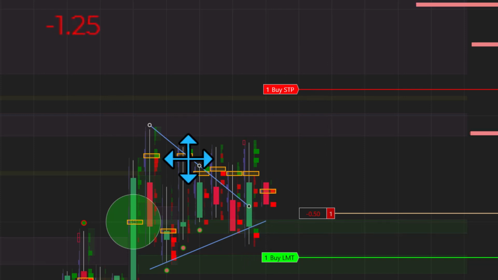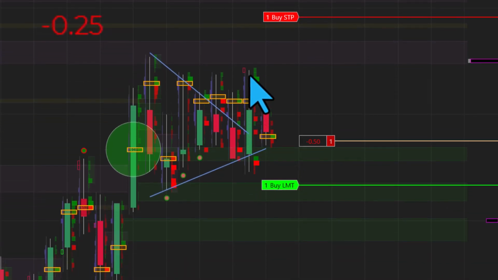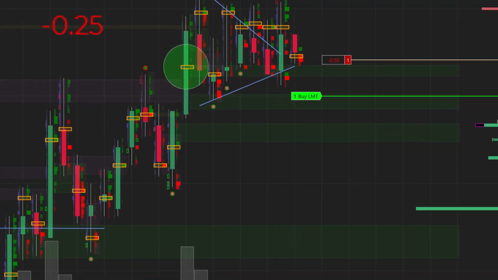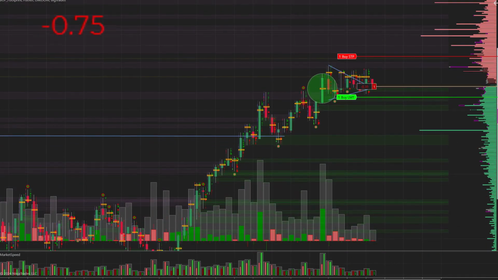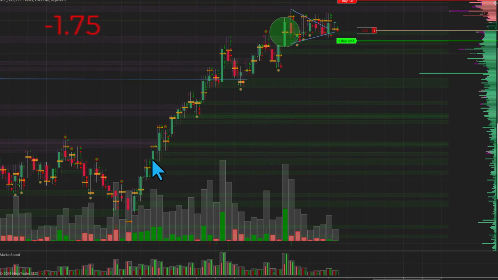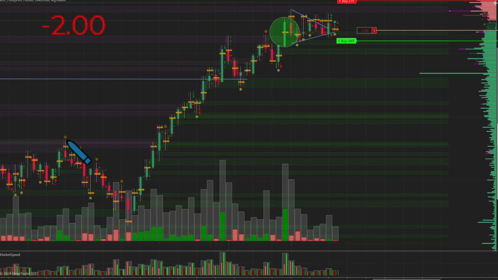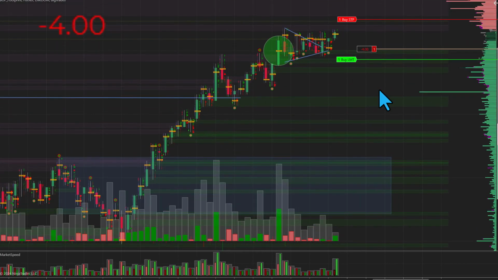If not, because there's a bunch of tails sitting right here, we may grab some liquidity like we've done in this candle and go significantly lower. And if we go significantly lower, according to this price structure we may fall down into this region.